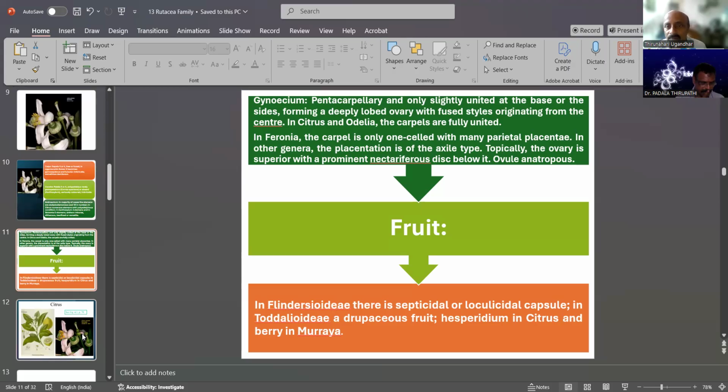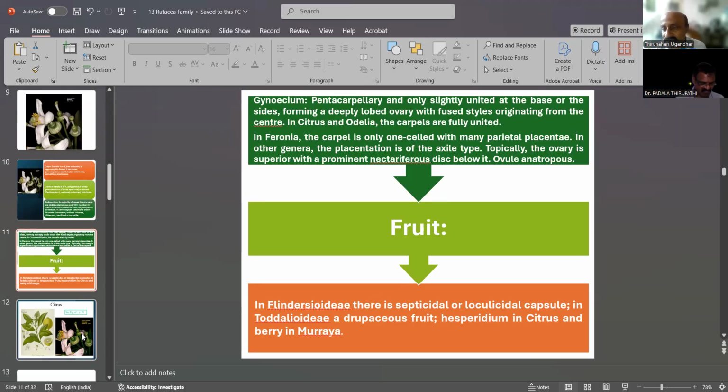5 carpels are present, and sometimes there are more, multicarpellary, only slightly united at the base or the sides, forming a deeply lobed ovary with fused styles, originating from the center. In citrus and Murraya, the carpels are fully united.